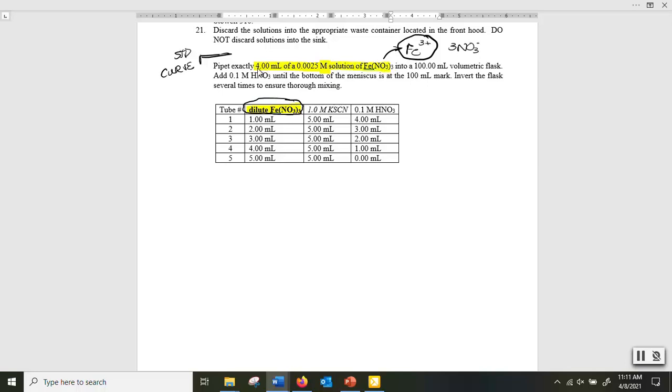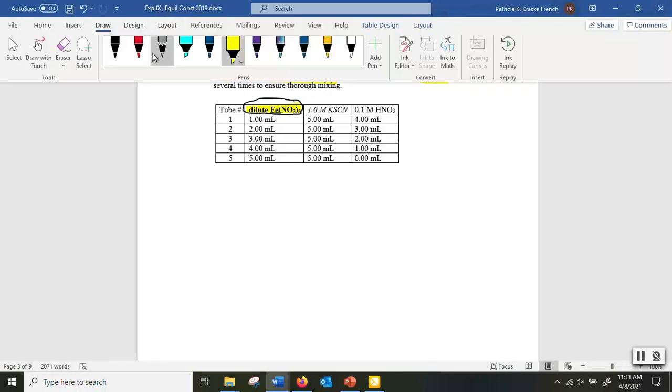You're going to take 4 milliliters of this, and you're going to put it into a 100 milliliter volumetric flask, and then add nitric acid until the bottom of the meniscus is at the 100 milliliter mark. And then you're going to mix it up. Okay, that's fine, easy enough.